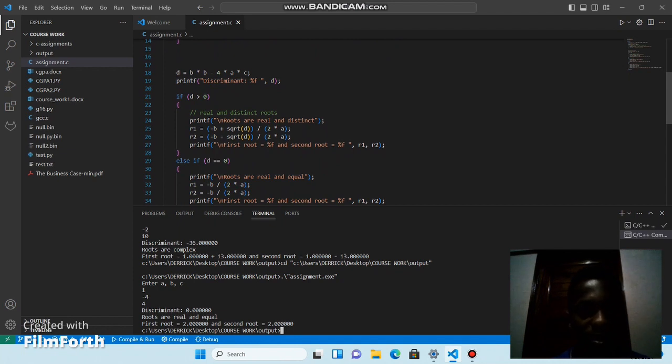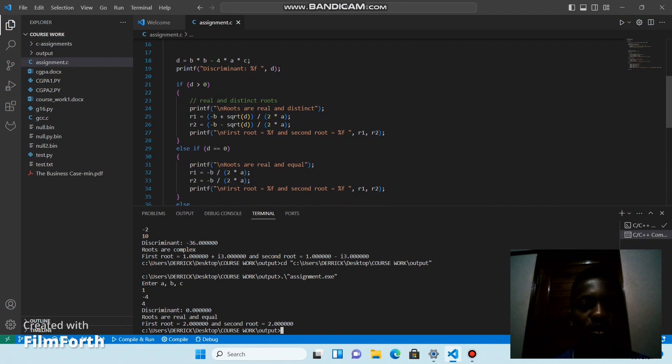So it is going to go through these conditional statements to see where this condition is, which is the else if d is equal to 0. It's going to first print the roots are real and equal, because it follows the syntax. They can't just jump. Then it calculates the roots using the coefficients and the formulas for the condition of d exactly equal to 0. So it gets the first root as 2.00 and the second root also 2.00.